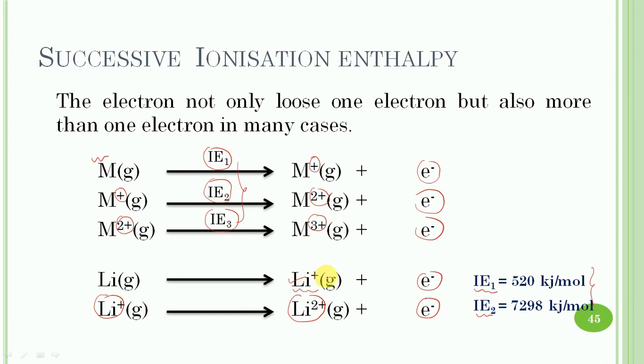In the ion, the number of electrons decreases, but the nuclear charge remains the same. As a result, the remaining electrons are held more tightly by the nucleus, and it becomes difficult to remove the second electron from it. So that is the successive ionization enthalpies.